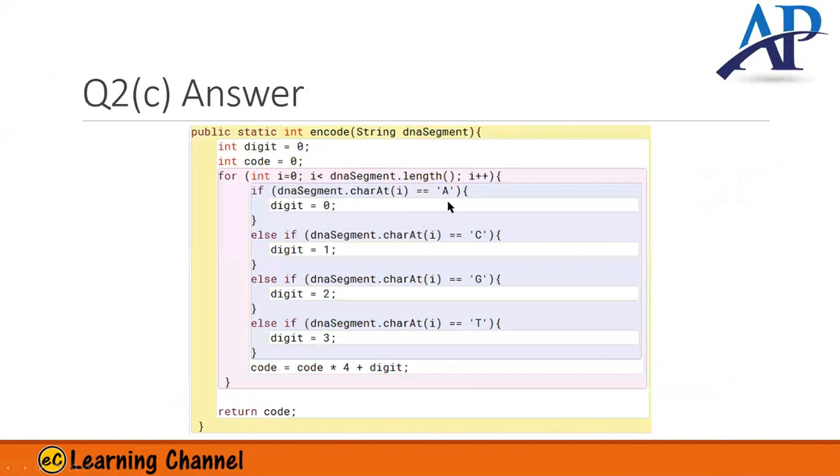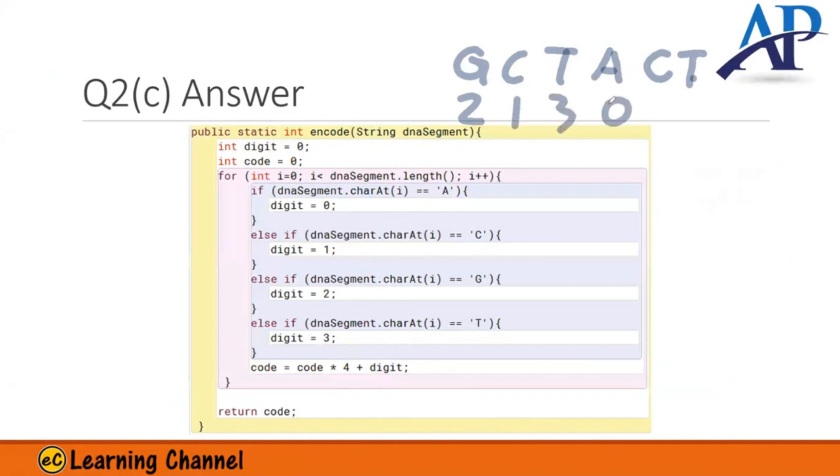and then we convert A to 0, C to 1, G to 2, T to 3. Say we have GCTAGT, so this one is 2, 1, 3, 0, 2, 3.